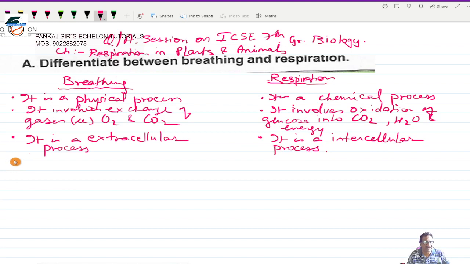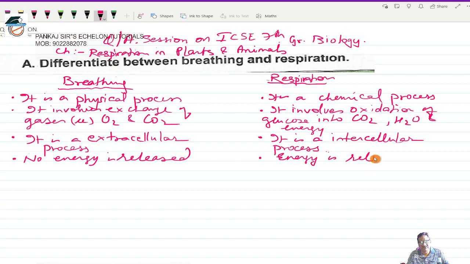And one more point I want to mention is that in breathing, no energy is released, and here energy is released in the form of ATP. So these are the 4 points about breathing and respiration. So the first question is done with.